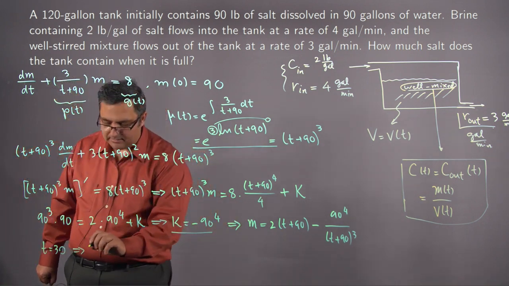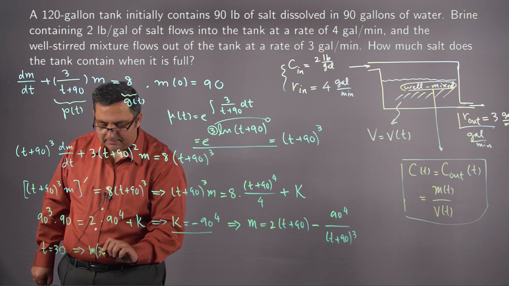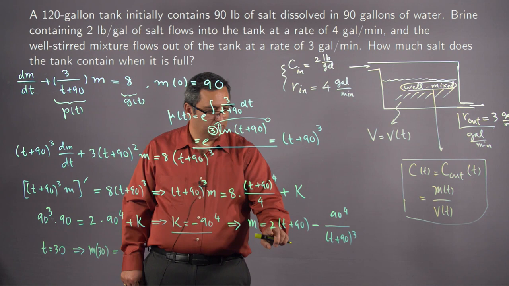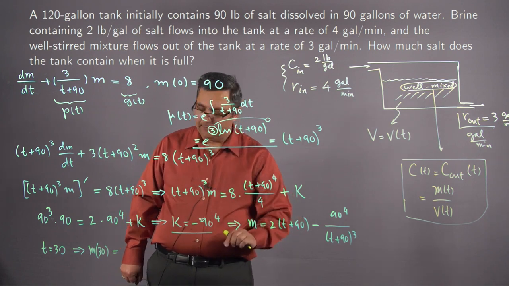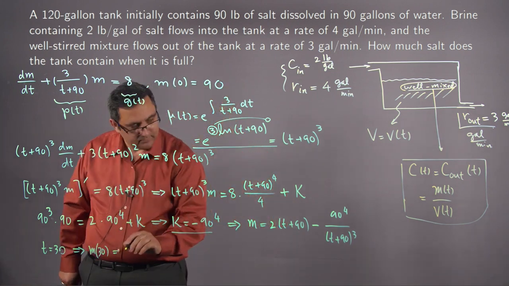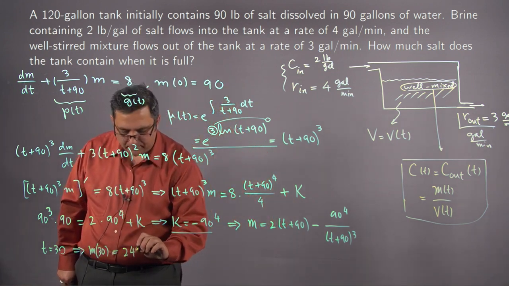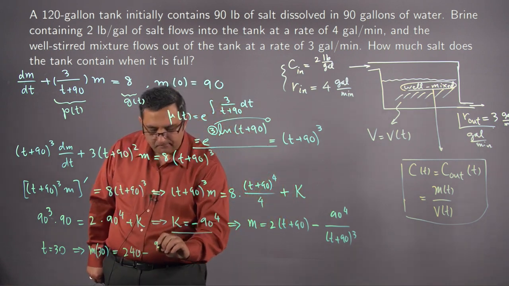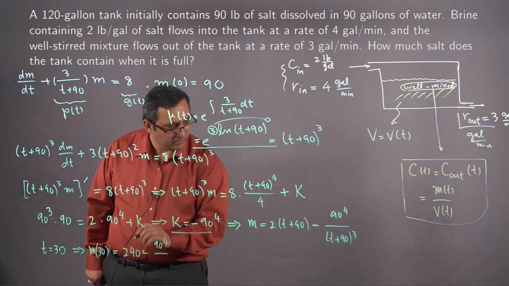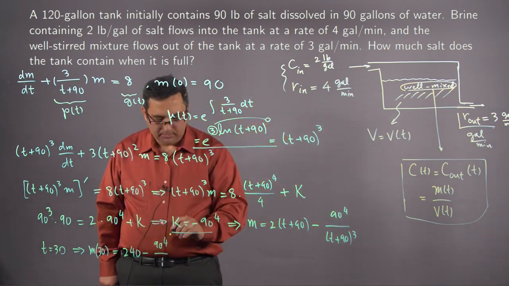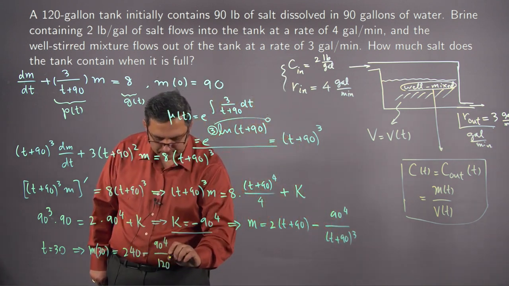So at that time, the mass at 30 minutes is equal to 2 times 30 plus 90. So that's 2 times 120. So that's 240 pounds minus 90 to the 4 over 120 cubed.